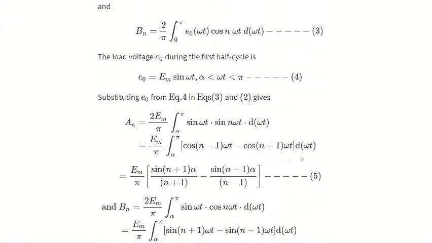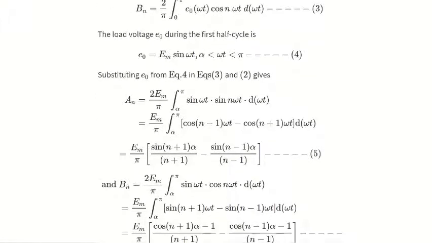So substituting the trigonometry here and taking the integration of sin omega t and sin n omega t, you get An will be Em by pi, sin (n plus 1) alpha by (n plus 1) minus sin (n minus 1) alpha by (n minus 1).